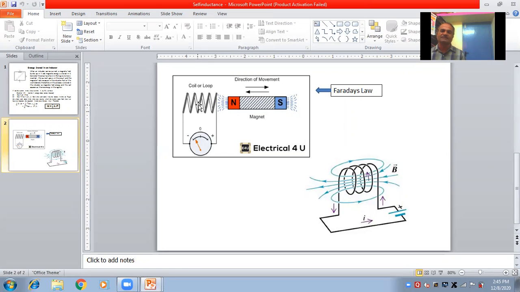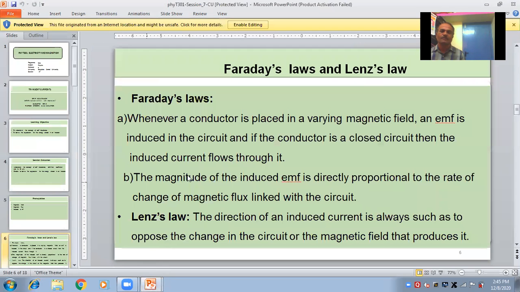So that decides the rate. So this is Faraday's law. Therefore, whenever a conductor, here a coil, is placed in a varying magnetic field, an EMF is induced in the circuit.